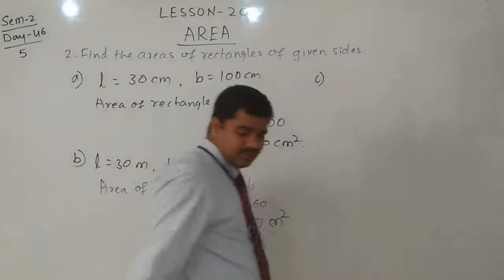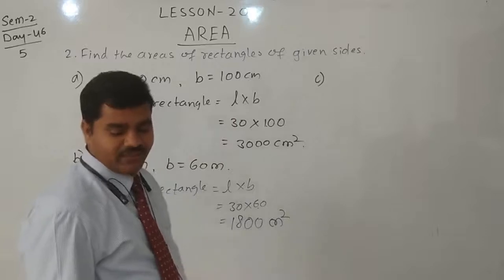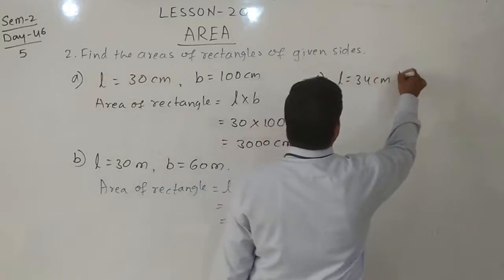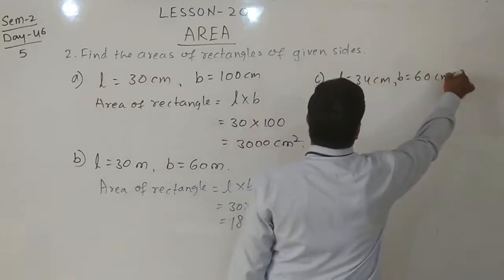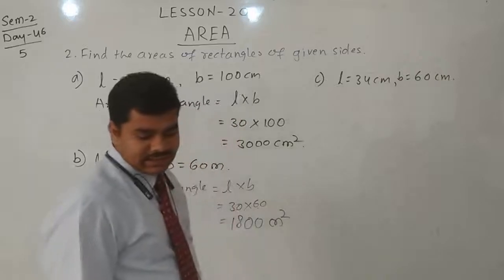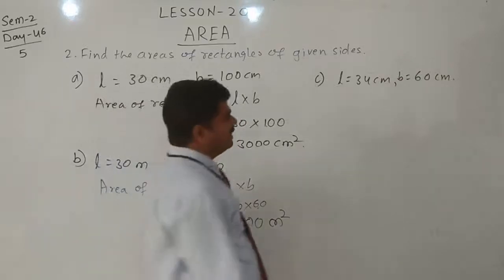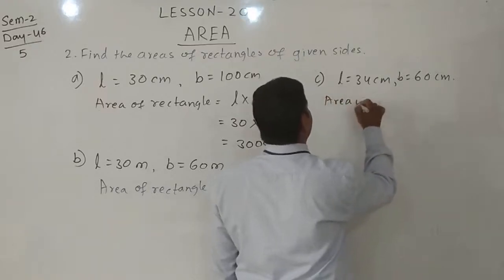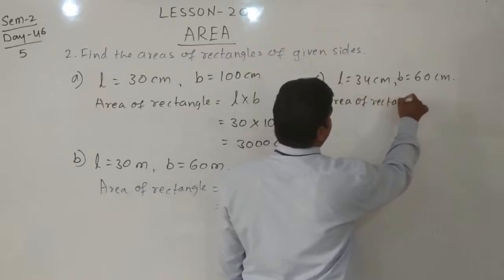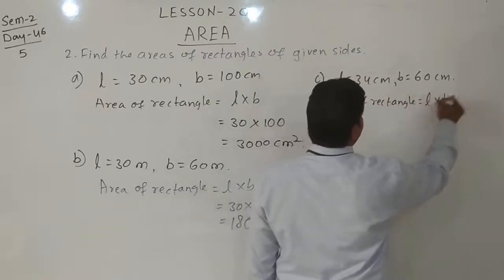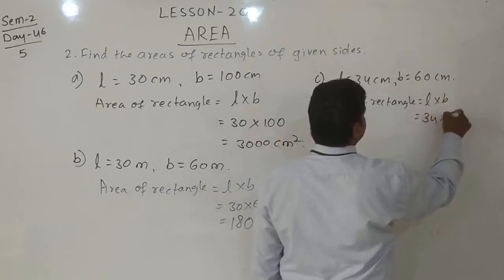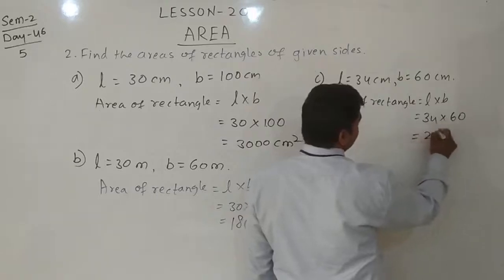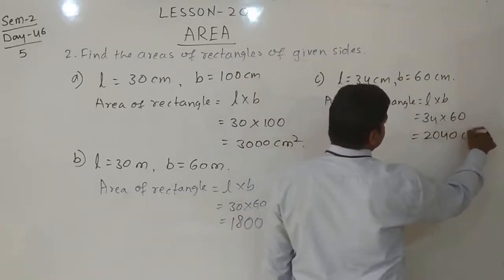One more rectangle we will see now. Finding the area is very easy. L is 34 centimeter, breadth is 60 centimeter. Area of a rectangle is equal to L into B, where L is 34 centimeter, B is 60 centimeter. 34 times 6 is 204 and a 0, that is centimeter square.